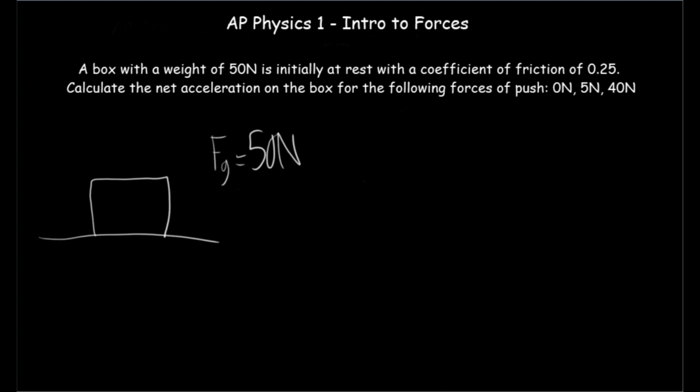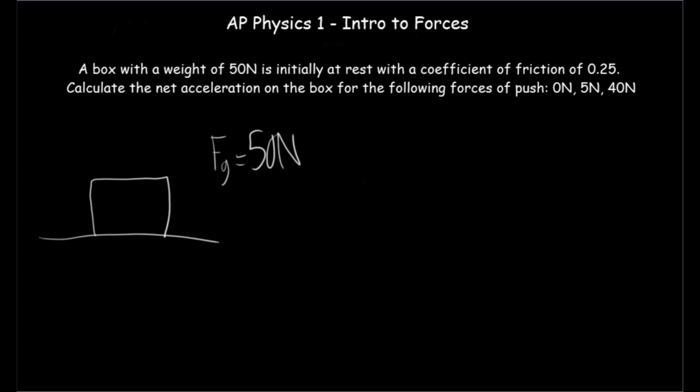And there's a way to simplify. Well, actually, we don't really have to in this case. But if you want to, you would use this formula. If you have to find out its mass, you would just do F g divided by g. I don't think we have to do this here.